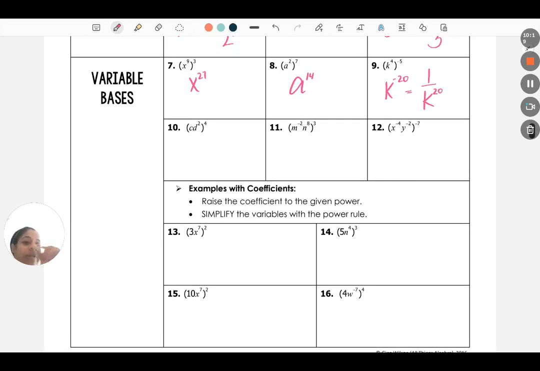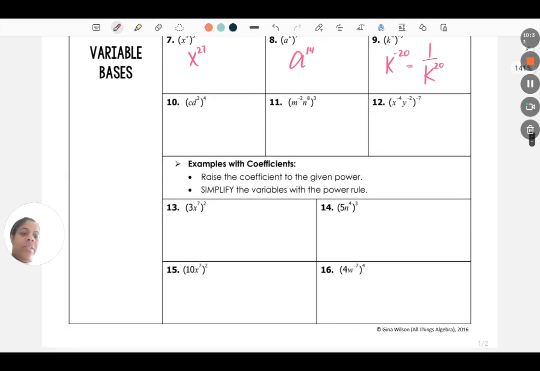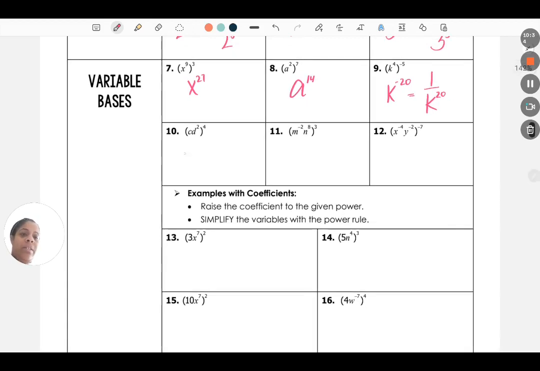Here we go. We have cd to the power of 2, and then that raised to the power of 4.